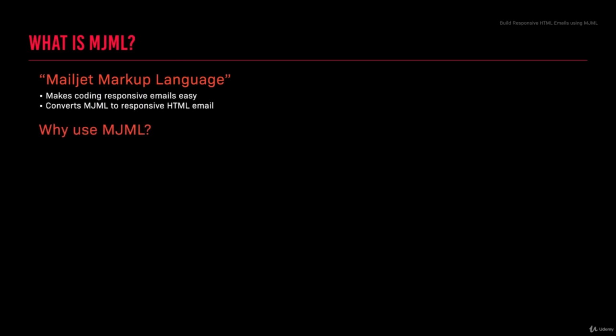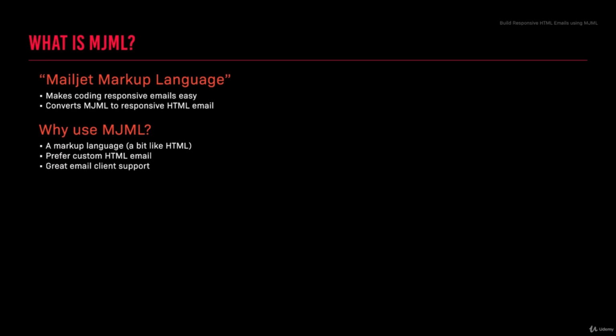So why use MJML? It's a markup language with good documentation. So if you're used to HTML, it should be easy to follow along and learn. And if you're in the process of creating a custom HTML email, instead of relying on a template provided by a service provider, then this would make the process of creating a custom HTML email much easier.